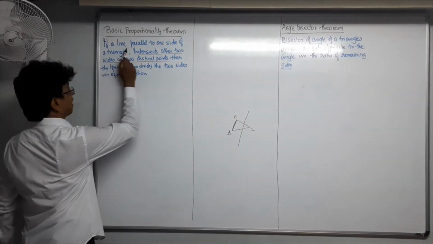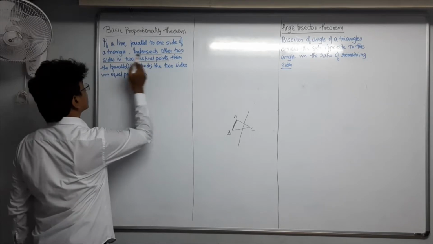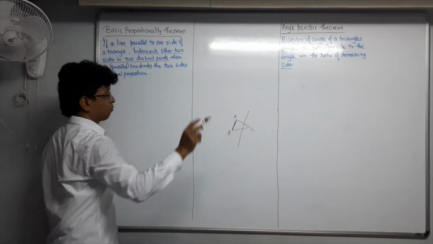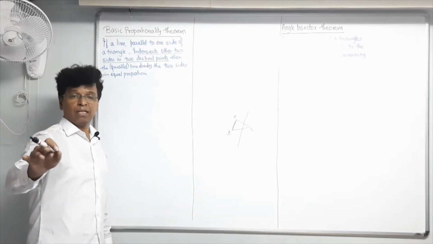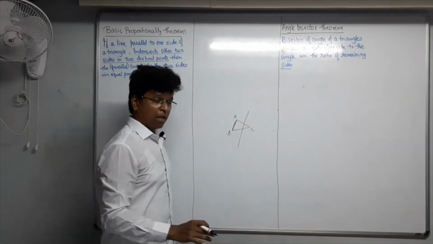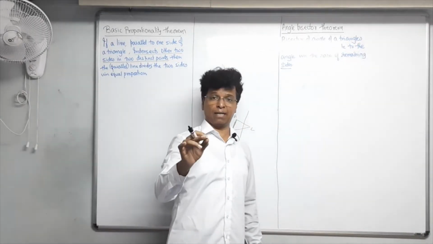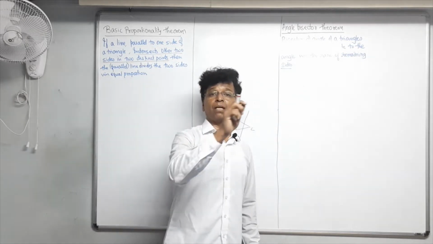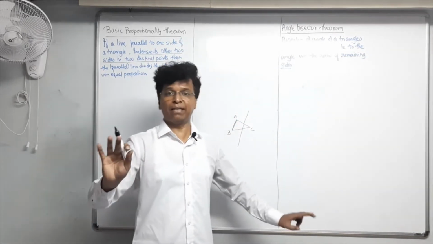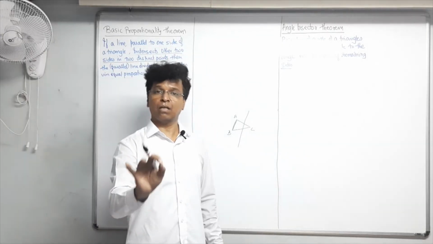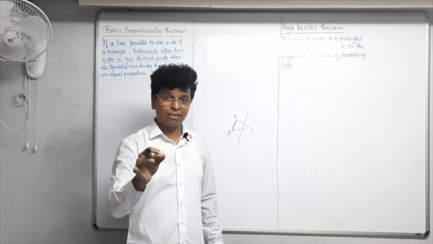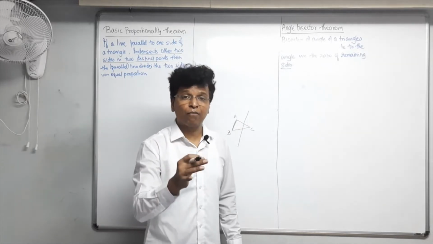If a line parallel to one side of a triangle intersects the other two sides in two distinct points, this is the condition of the BPT: there has to be a line parallel to one side of the triangle, and that line should be cutting the other two sides, in plain English. Are you getting? And this is the given of your theorem.